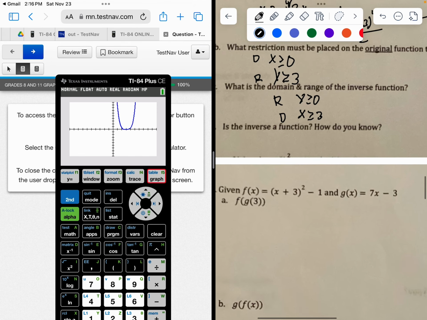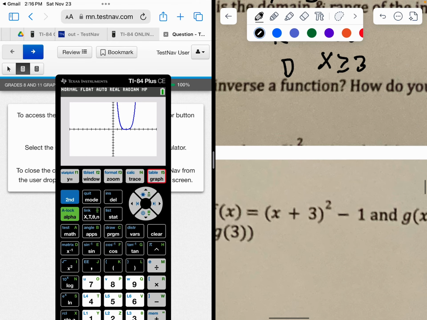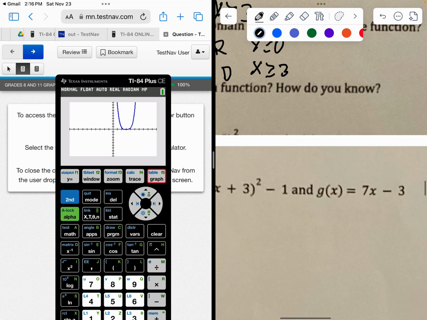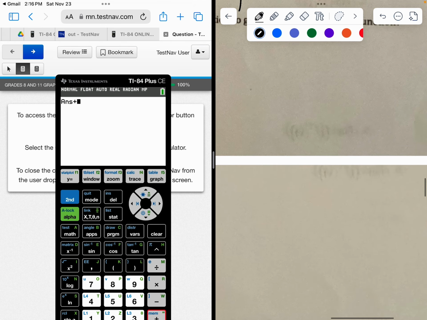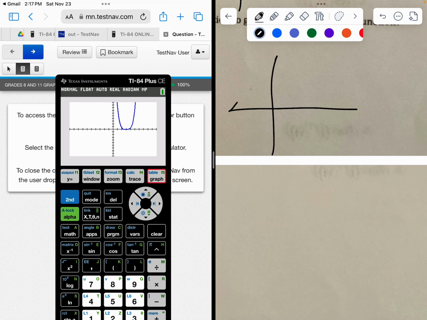Is the inverse a function? Yeah. One input for one output. If you do the line, here I'll draw it real quick. So that's my calculator.